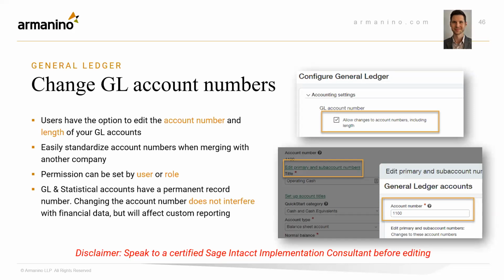But I do want to emphasize that this will cause any custom reporting to break that are using either specific GL accounts or ranges, as well as any kind of smart events or smart rules that you have put in place. So I do want to emphasize that if you want to make this change, I recommend speaking with a certified Sage Intacct implementation consultant before making any changes.